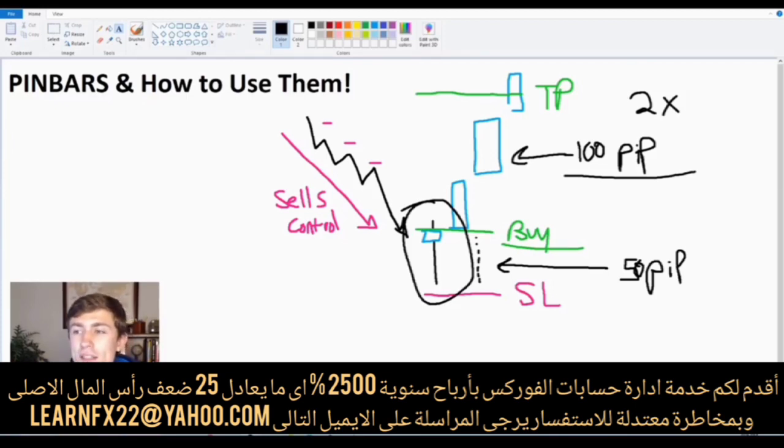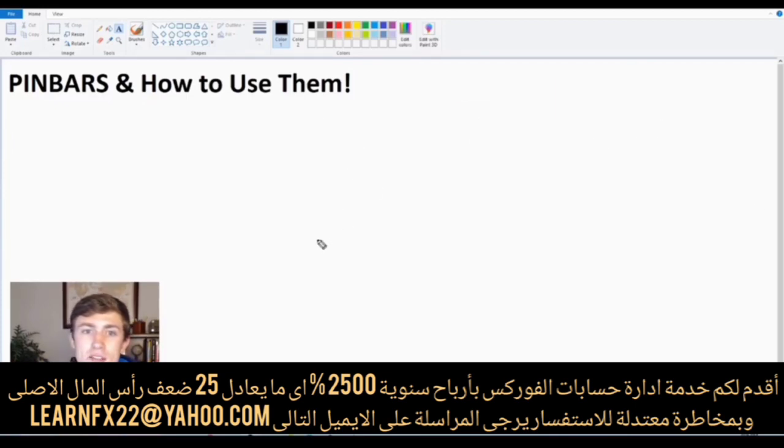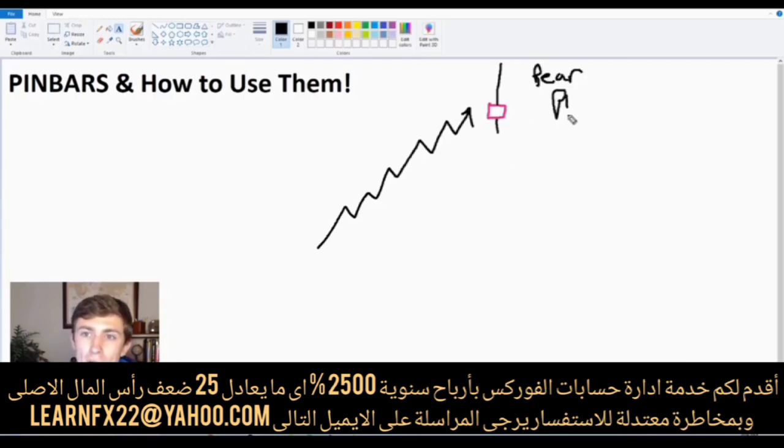Now, I do want to quickly say that we could also see this on the bearish side. So this would be an example of a bearish pin bar. Let's say that we have a market that's making a movement to the upside, but then we print something like this, an inverted version of what we just saw. Well, this would be considered a bearish pin bar. We'll put PB. And the idea here is that this could call the reversal back down, right?